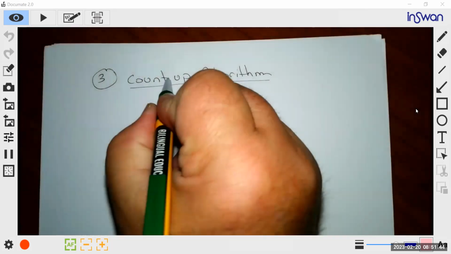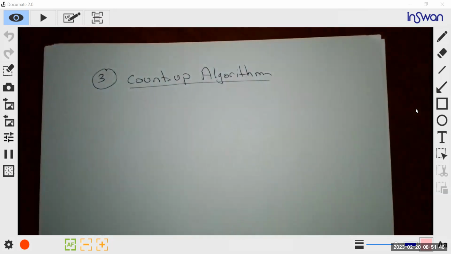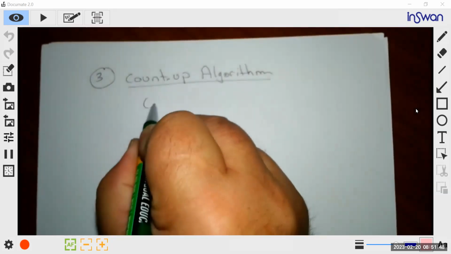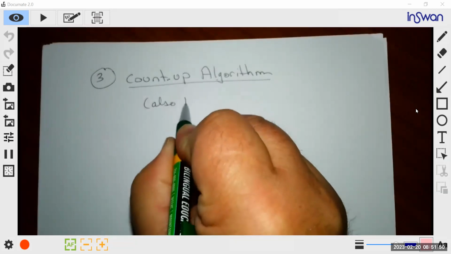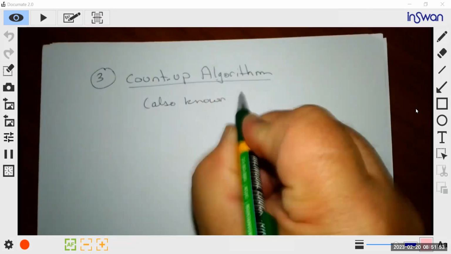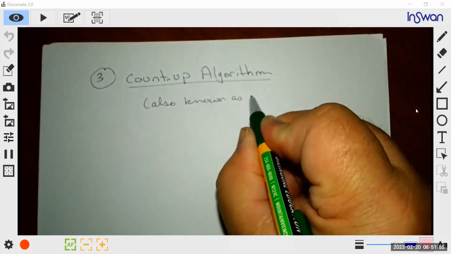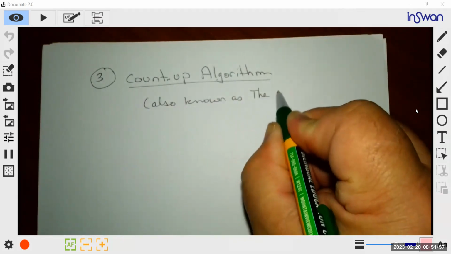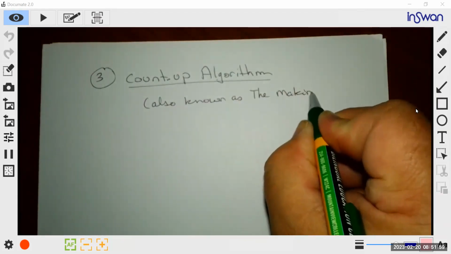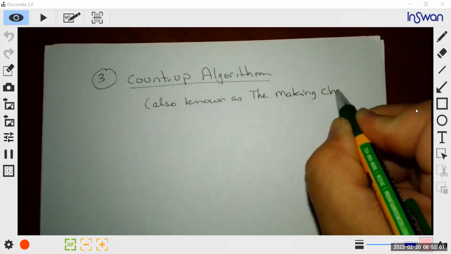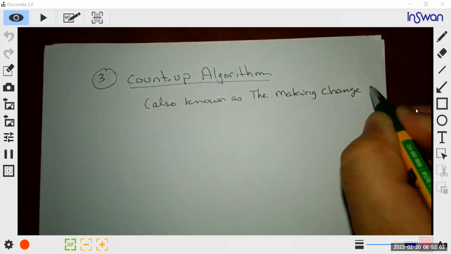The count up algorithm is also known as the making change algorithm.